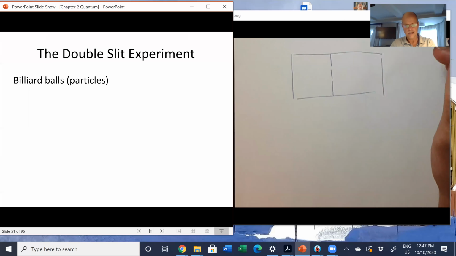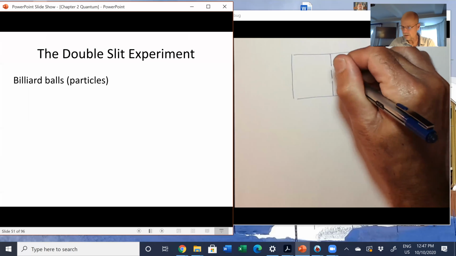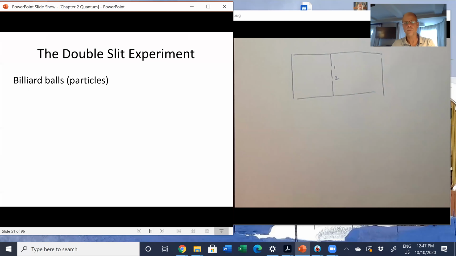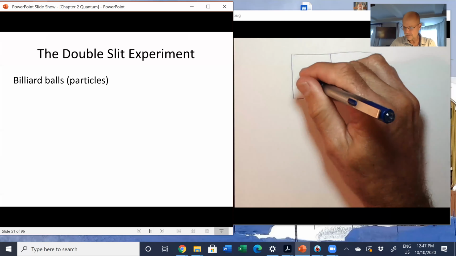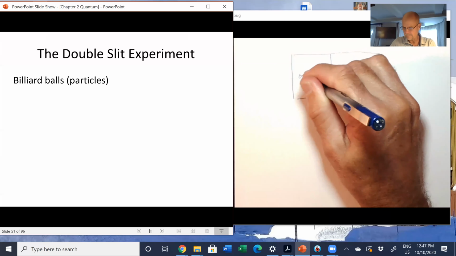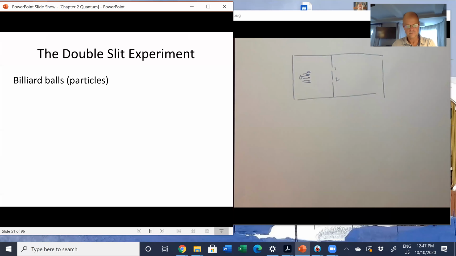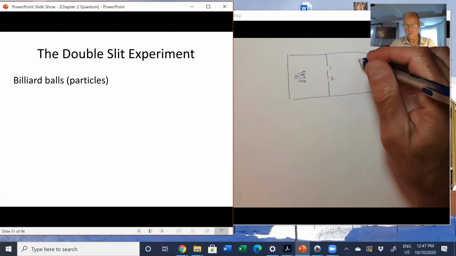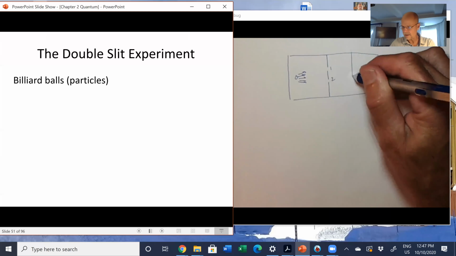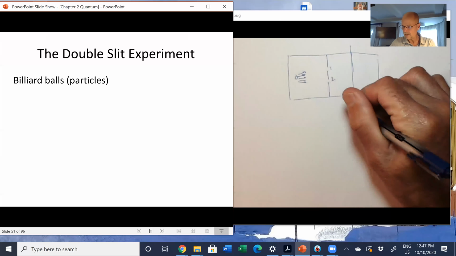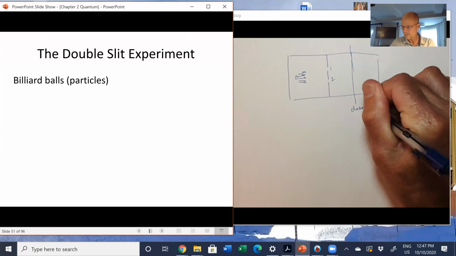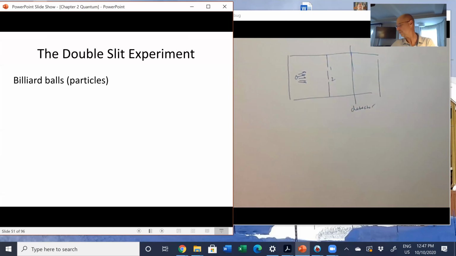The divider has two slits, which I'm going to label 1 and 2. It has two openings. And I want you to imagine billiard balls being fired at that divider. Over here somewhere, we're going to have a billiard ball detector, which is going to detect the billiard balls as they come through.